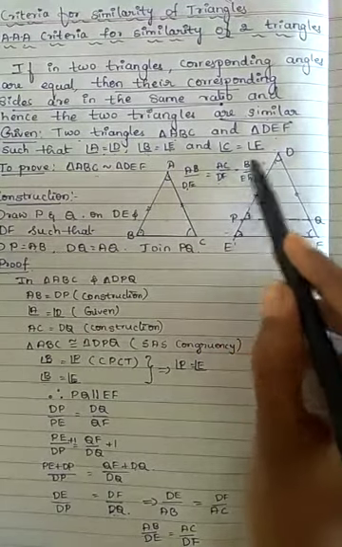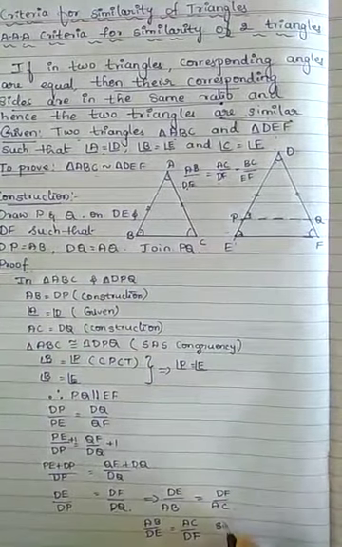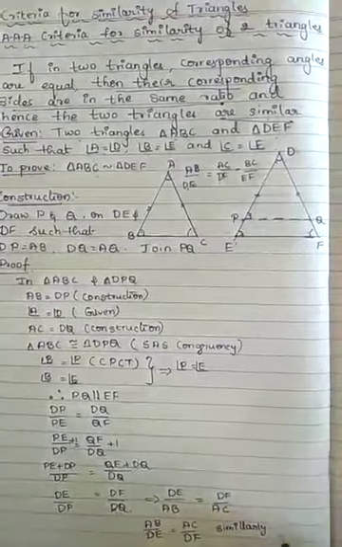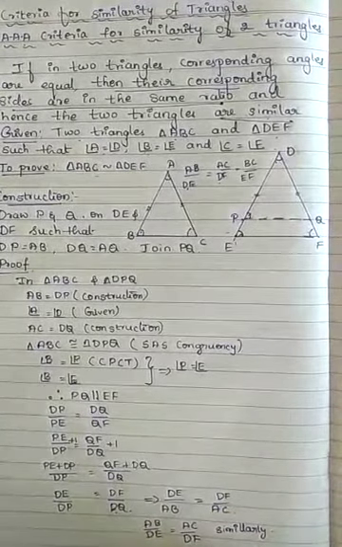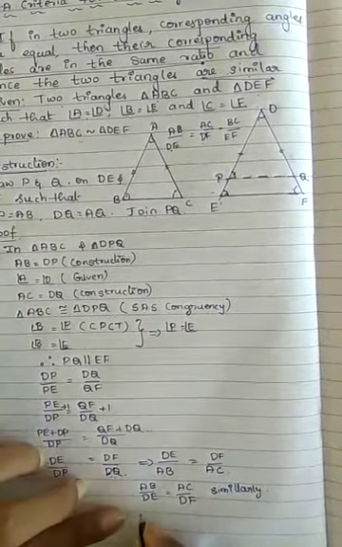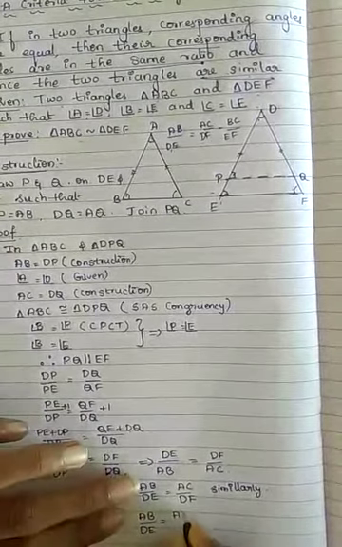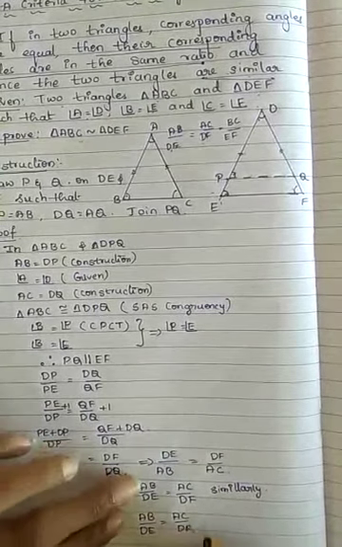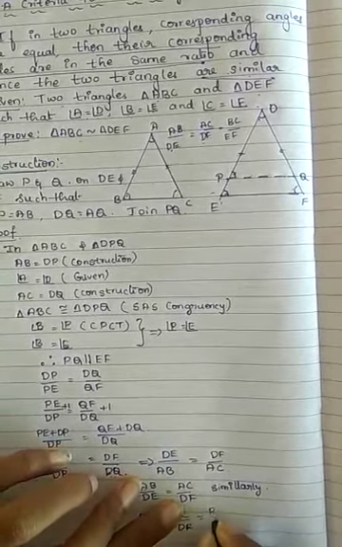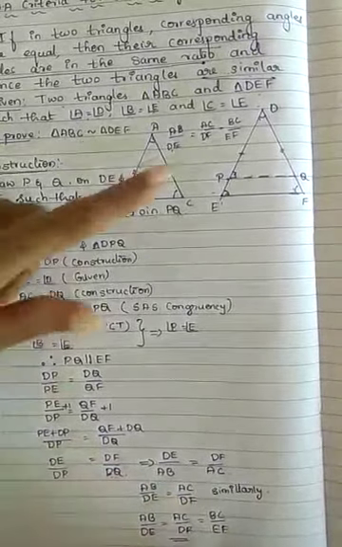Similarly, we can prove the other ratio in a similar way. Similarly, I can write AB divided by DE is equal to AC divided by DF is equal to BC divided by EF. So this is what you needed to prove.